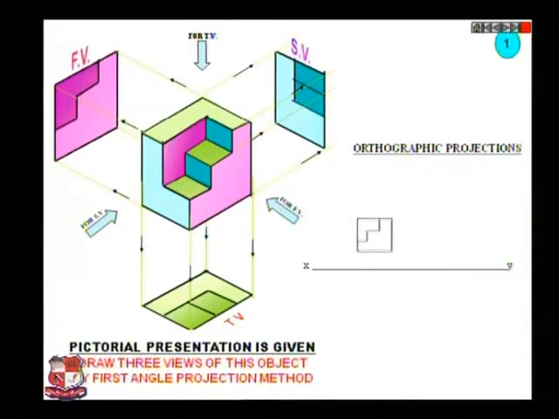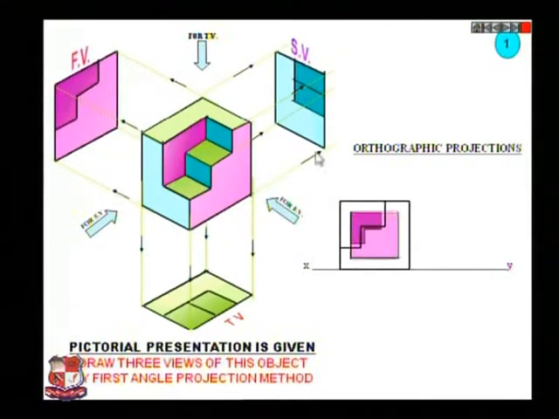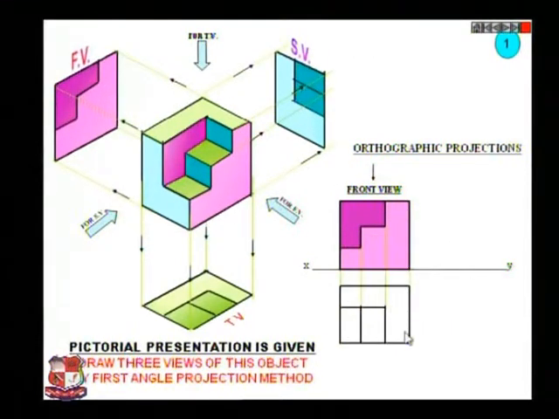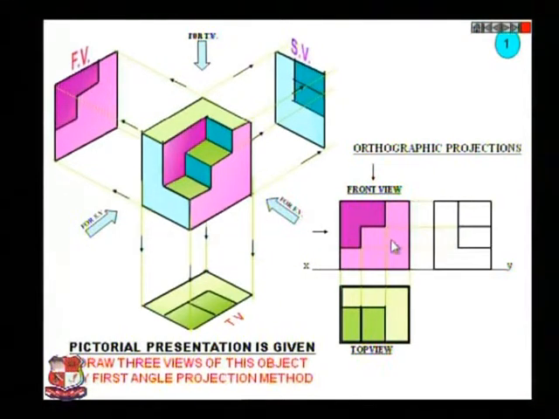First draw the XY line, then draw its front view as we have drawn over here like this. It's a front view. Similarly, by taking projection from the front view, draw projections from all these corners and draw its top view, and this is the top view of this object, and draw appropriate lines, whether they are full line or dotted line, and after that draw its side view, taking projections from this side like this.